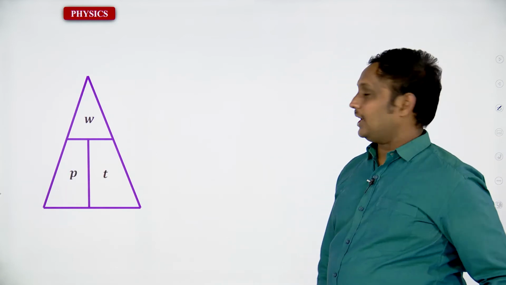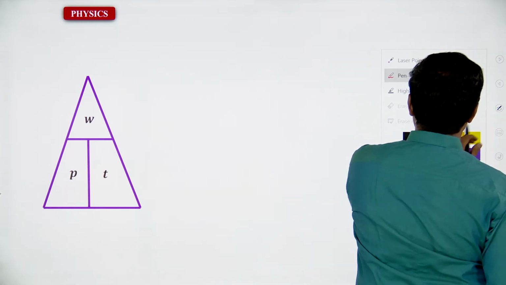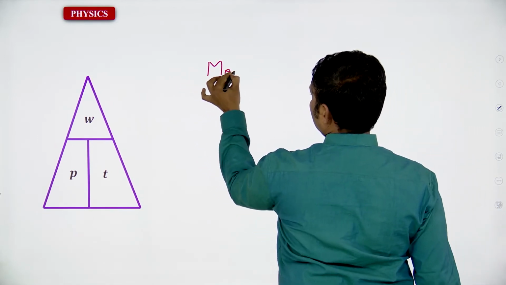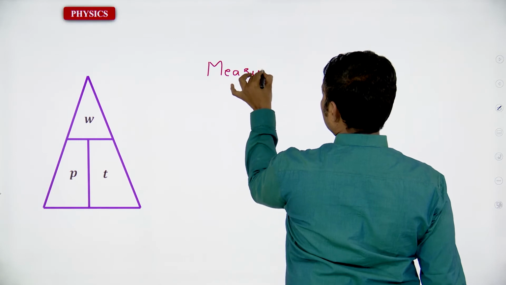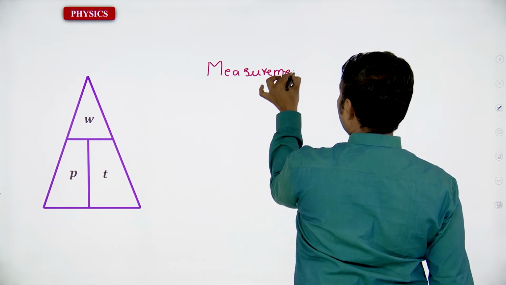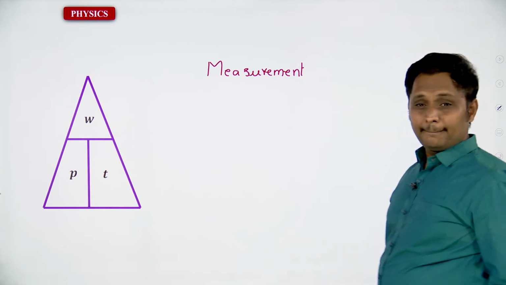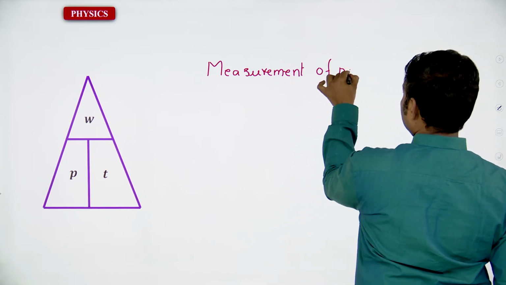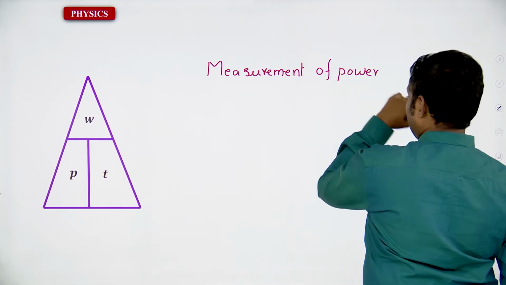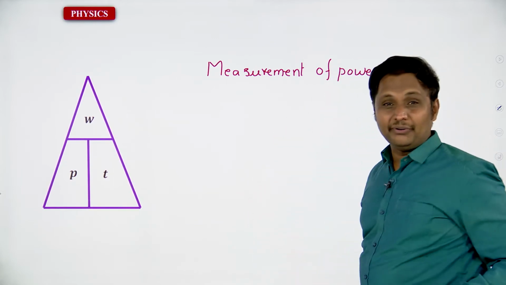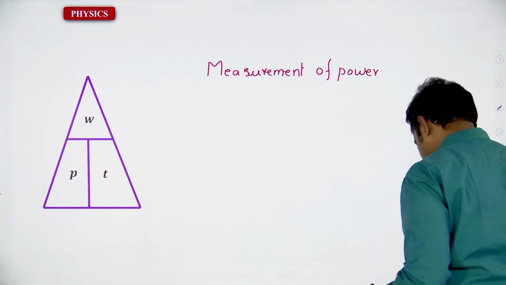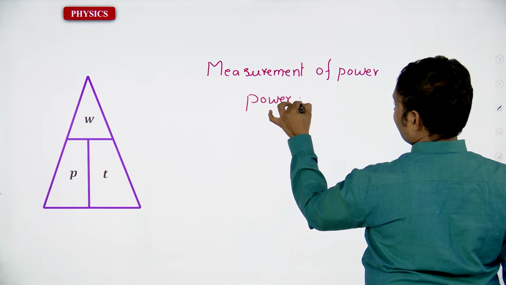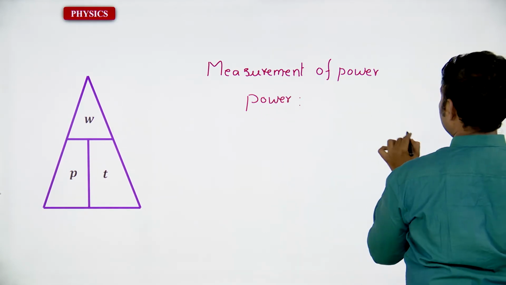It's very clear. We would like to go for this concept, that is going to be the measurement of power. If you are going to take power, it is the rate of doing work.